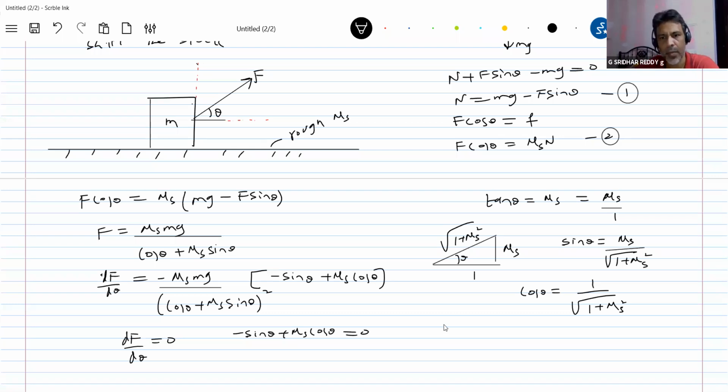So let me substitute all the values. Now I'll call it F minimum. So mu s mg by cos theta, 1 by root of 1 plus mu s square, plus mu s sine theta, mu s by root of 1 plus mu s square.